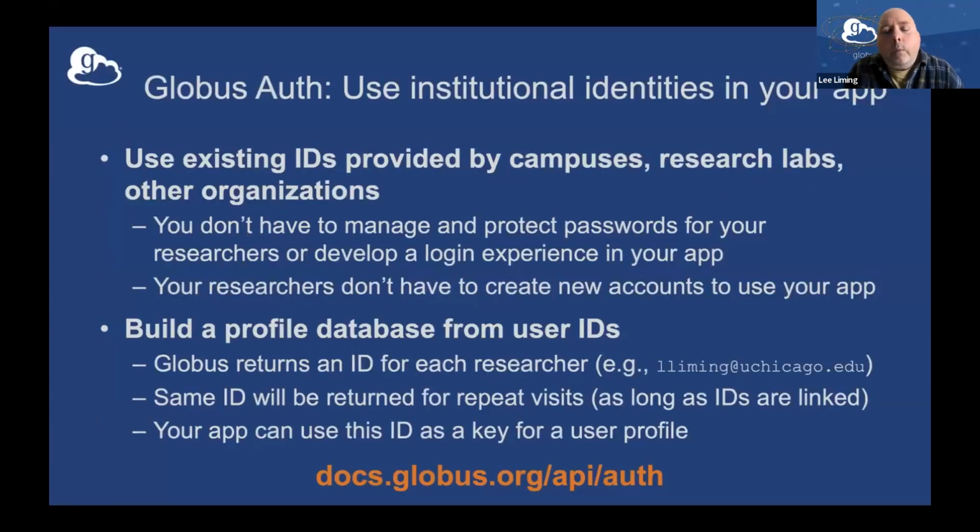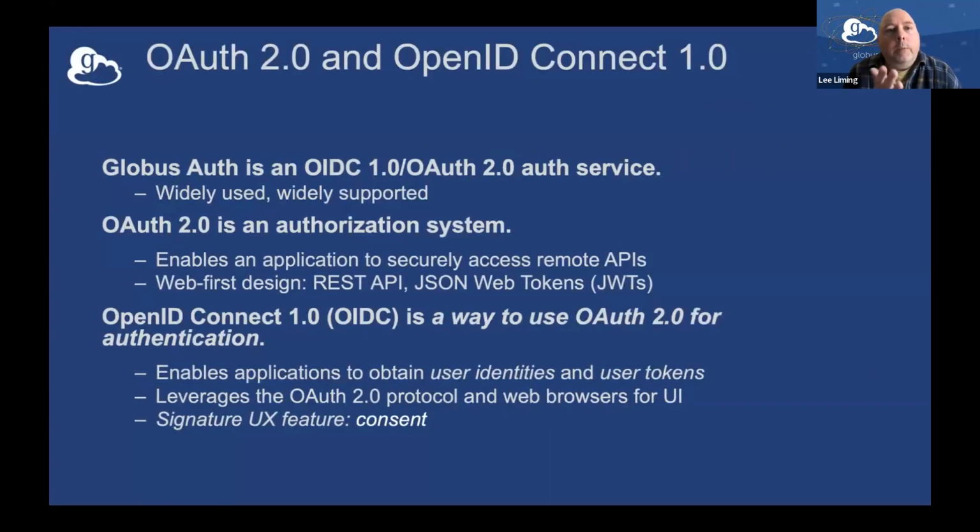So what I mentioned before about Globus Auth, the great thing about Globus Auth is that you can use your institutional identities, the accounts that you already have, to log into your applications. You don't have to have people create new accounts. Globus Auth is an OAuth 2.0 and OpenID Connect 1.0 compliant service.